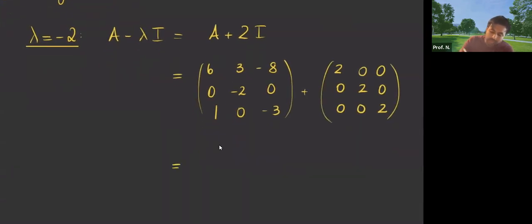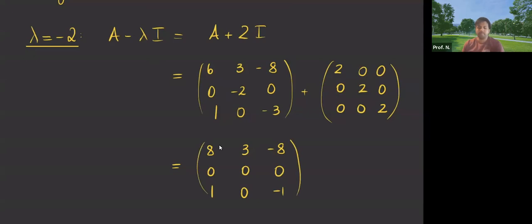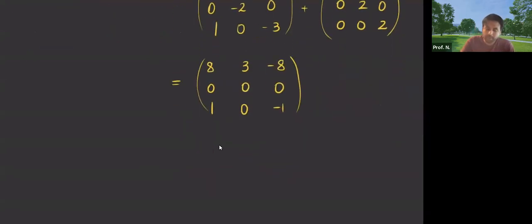So when I add this, I get 8, 3, -8, 0, 0, 0, and 1, 0, -1. Right? I have one row of zeros. I can put the 0 row on the bottom, the third row.